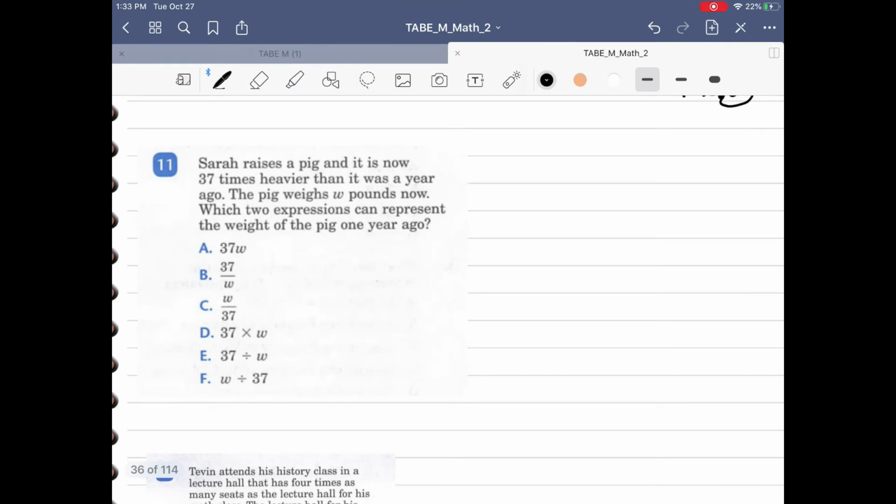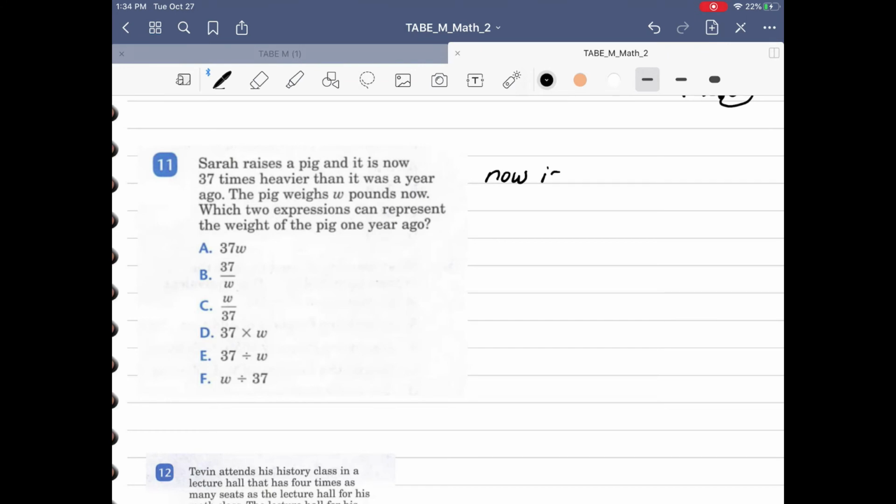Sarah raises a pig, and it is now 37 times heavier than it was a year ago. The pig weighs W pounds now. Which two expressions represent the weight of the pig 1 year ago. Get your story straight.